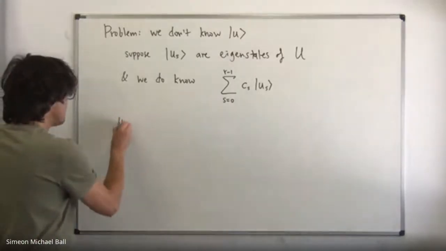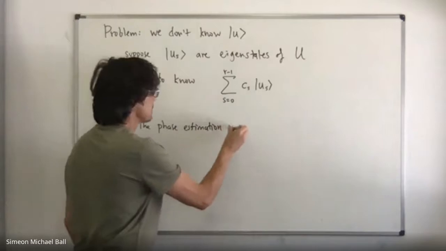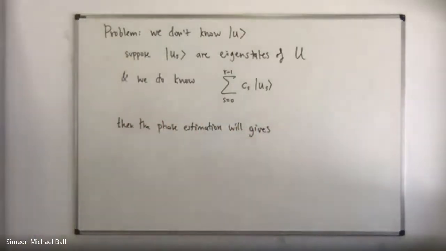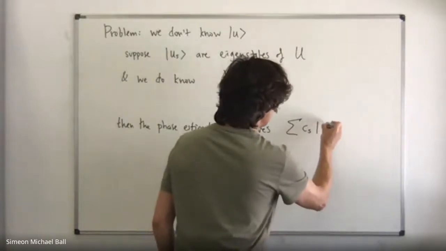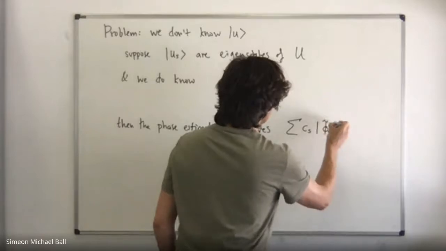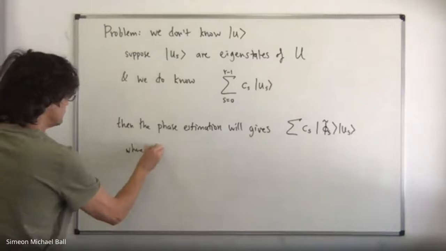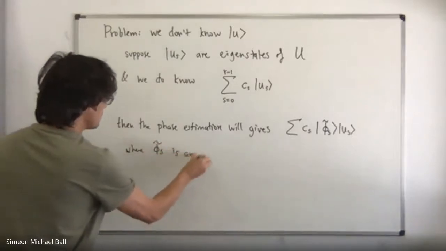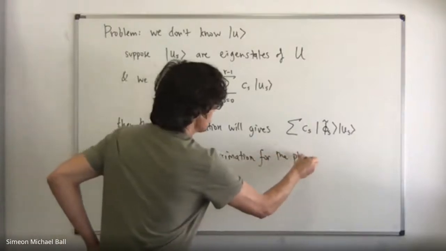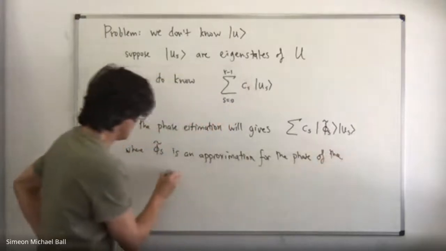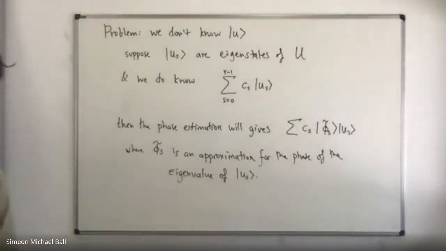Then the phase estimation will give us, after applying the inverse Fourier transform, the sum of c_s, where the phase is the eigenvalue of u_s.